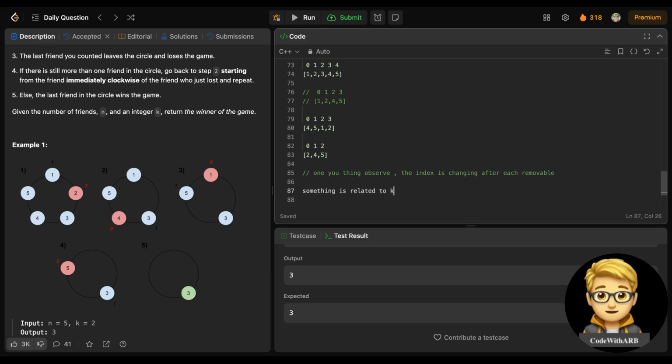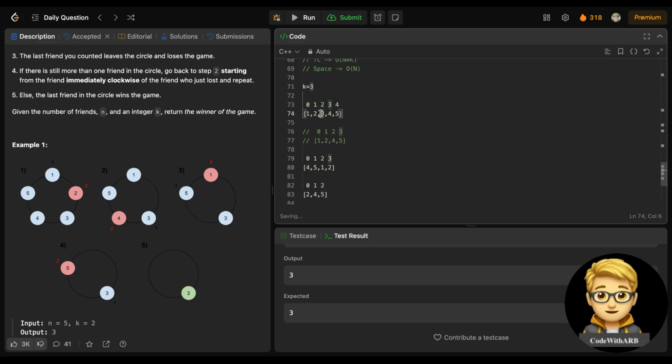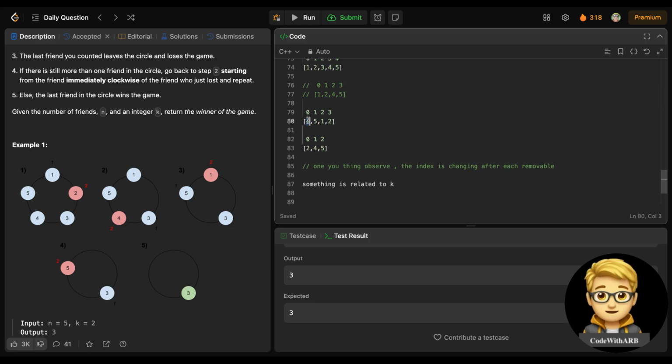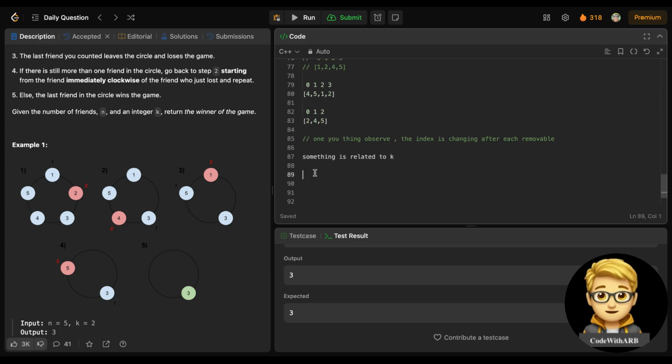Basically we just need to find how this functions. So this 4 is reduced to 0. It means this index, suppose this fourth index, let's take the index of any element.